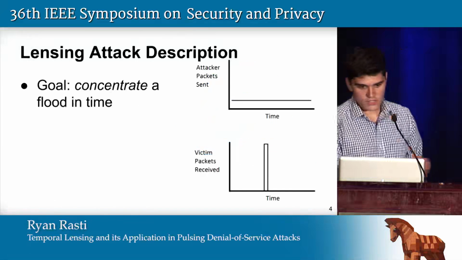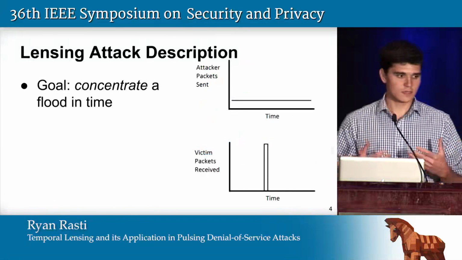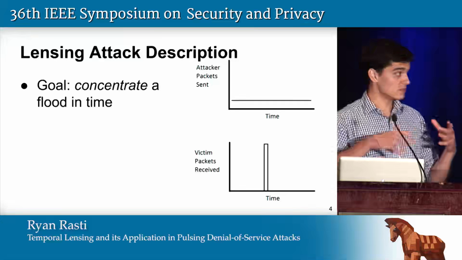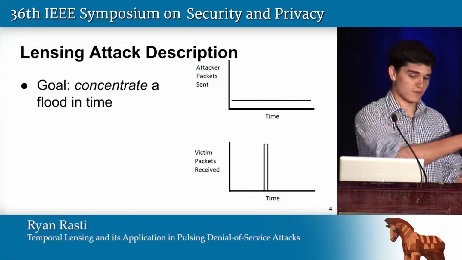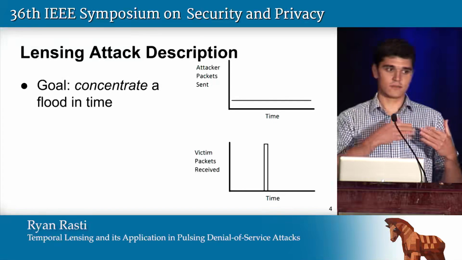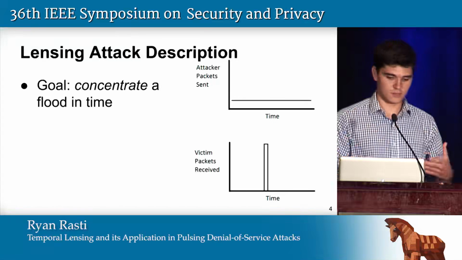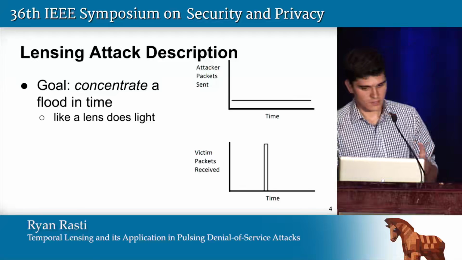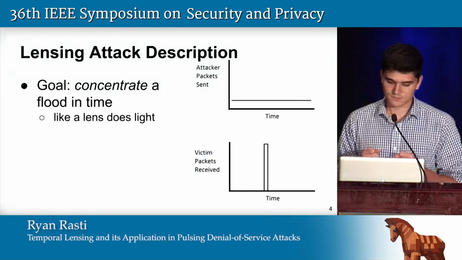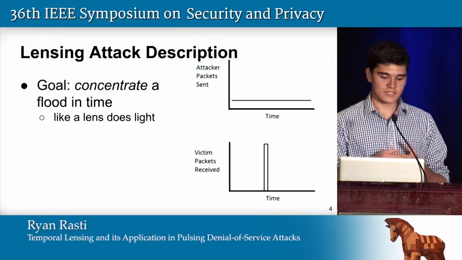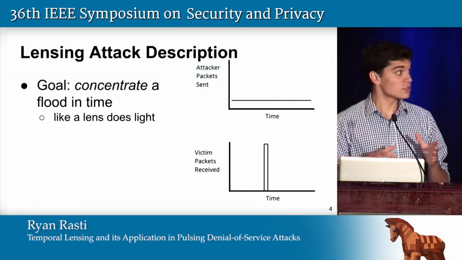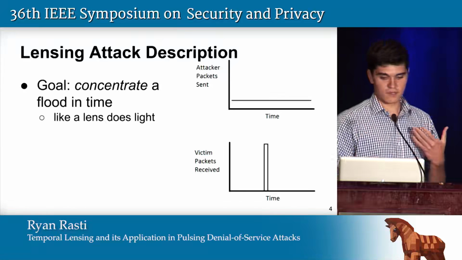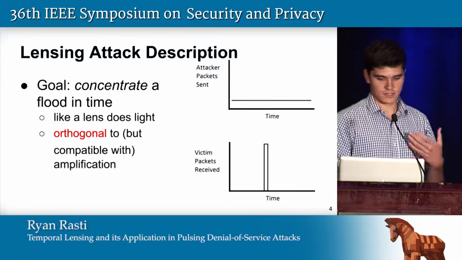Right, so for our actual attack, our goal here is to take the top graph and somehow use a network and get that bottom graph at the victim, right? So we're going to send at a low overall rate and get a pulse at the victim. We call this attack lensing because we're going to concentrate traffic and focus it like a lens focuses light.